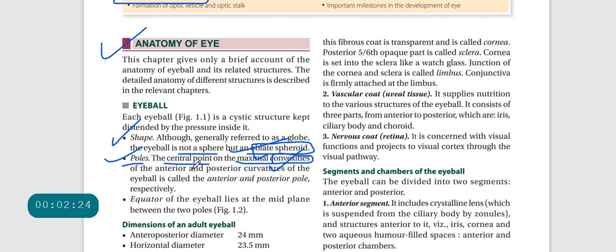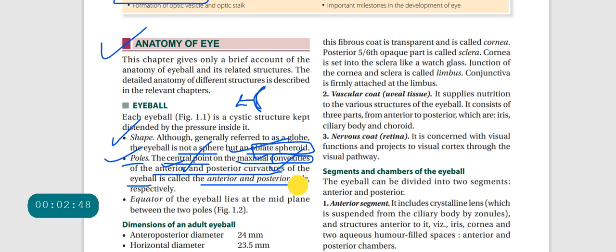And what is convexity? It is basically this type of structure, so this would be the outer one. The central point is like this, and the anterior and the posterior curvature of the eyeball are called the anterior and posterior pole, very simple.